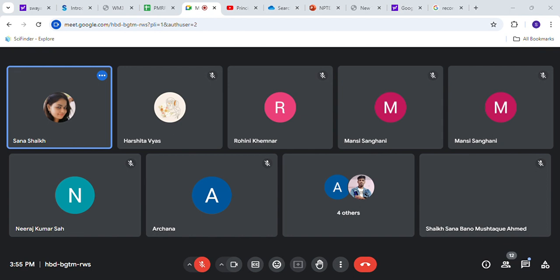Please type yes or no in the text box. Okay. So in the next class, I'll be discussing some NMR type of problems and the basics behind NMR spectroscopy.